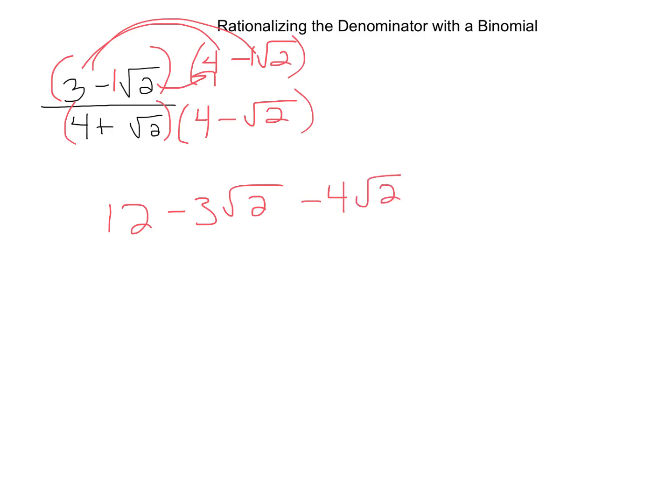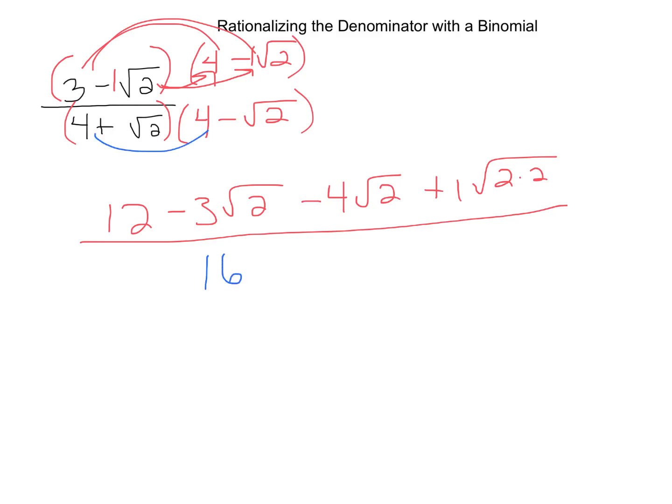And negative 1 radical 2 times negative 1 radical 2 is positive 1 radical 2 times 2. Alright, on the bottom, 4 times 4 is 16. 1 radical 2 times negative 1 radical 2 is negative 1 radical 2 times 2.